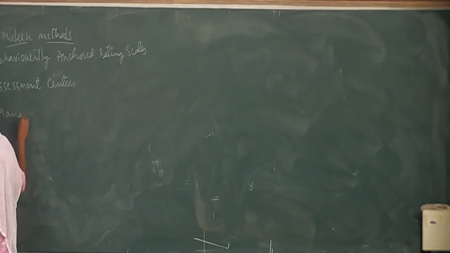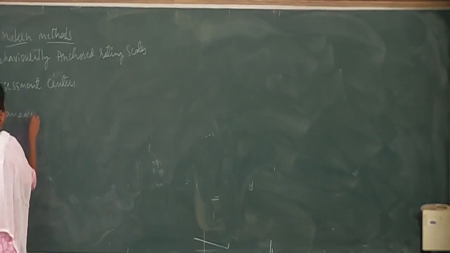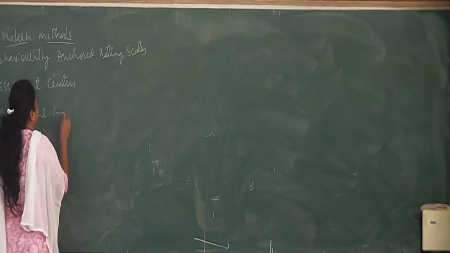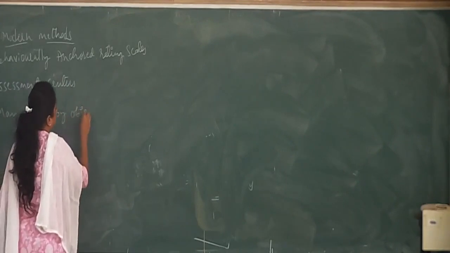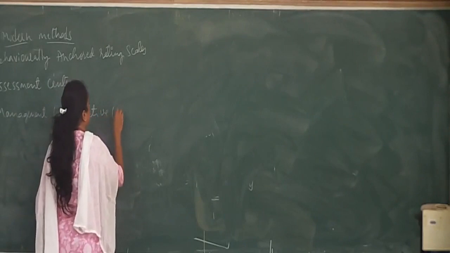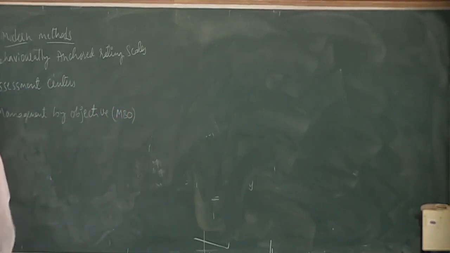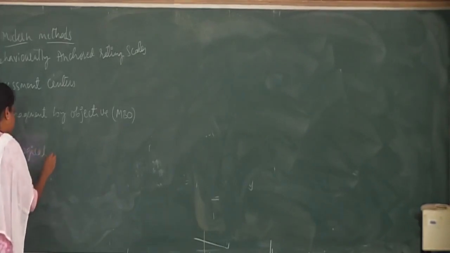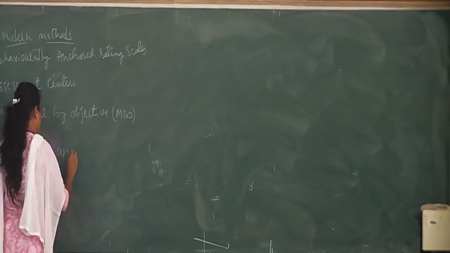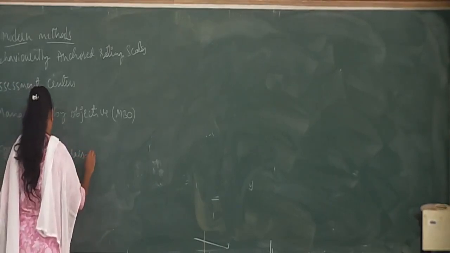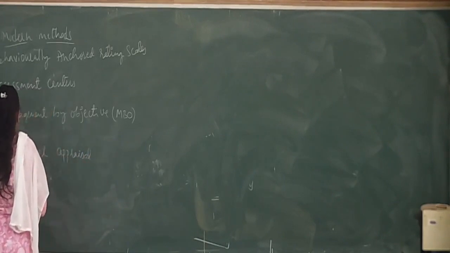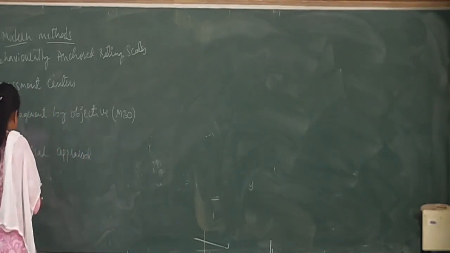Management by objectives, which is also called MBO. And the last one, psychological appraisal. So let's see them one by one.